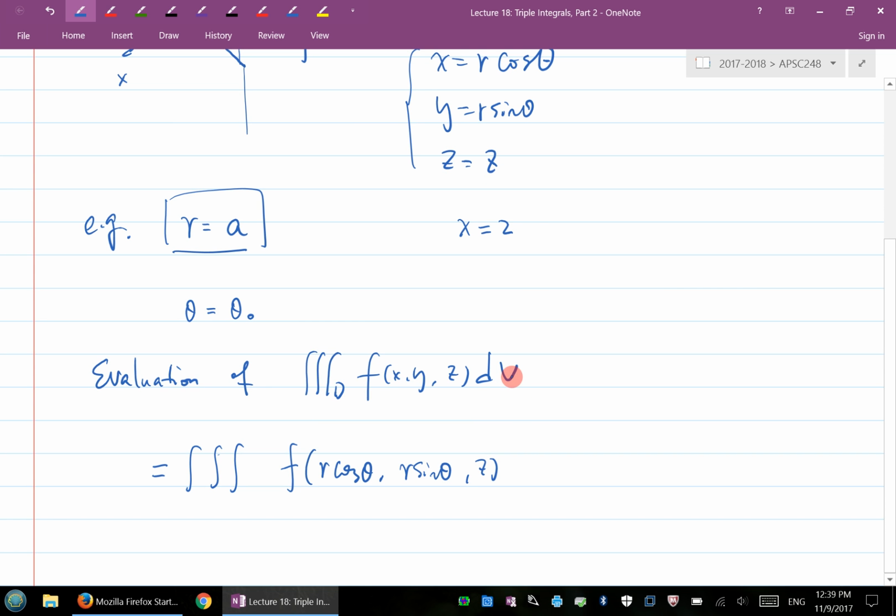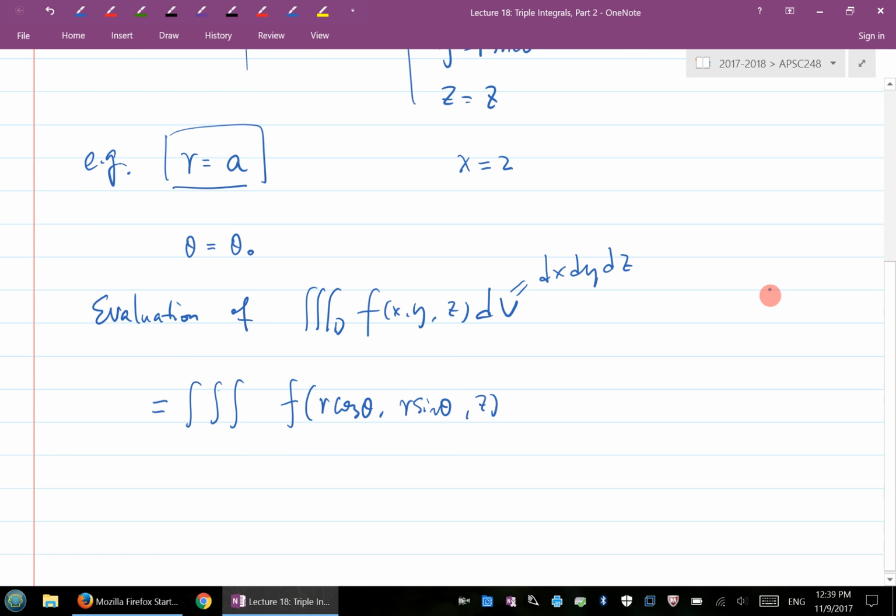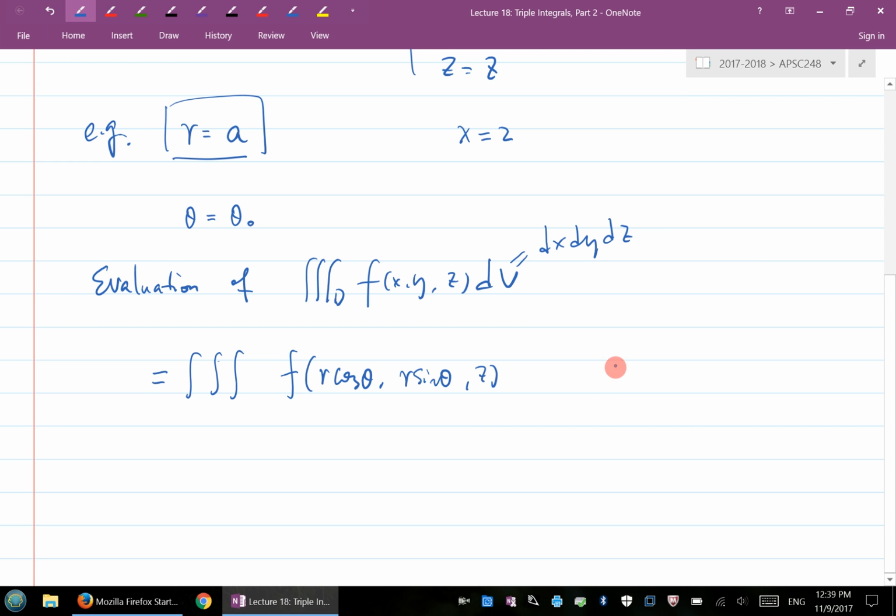And this dV here, it used to be dx, dy, dz, or any combination. Now it's going to be dr, d theta, and dz. So the question here is, I'm going to put a question mark right here.